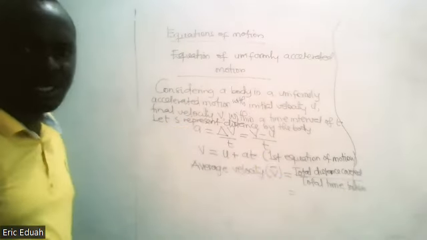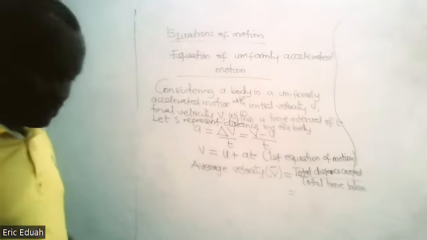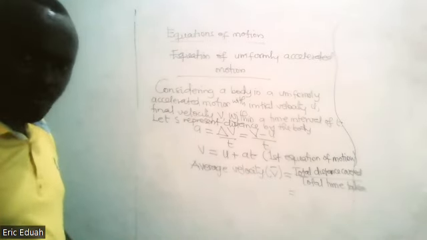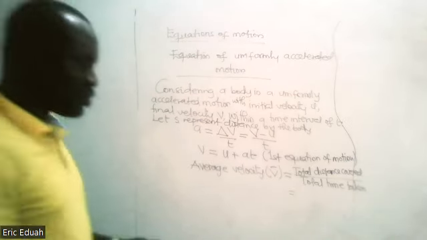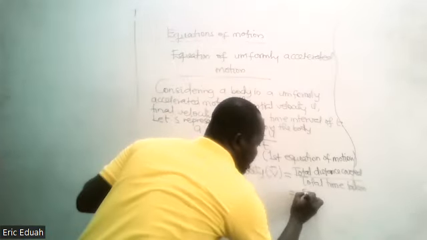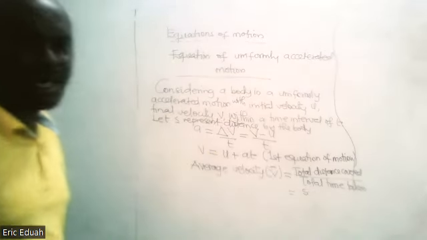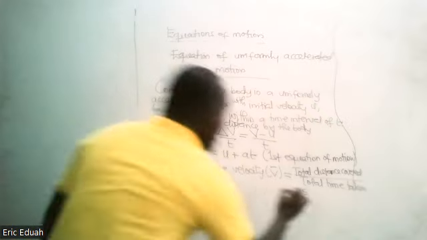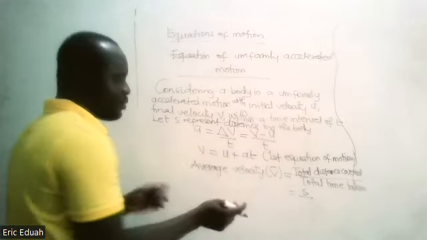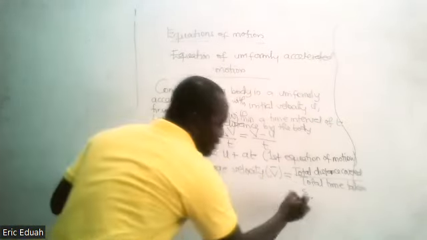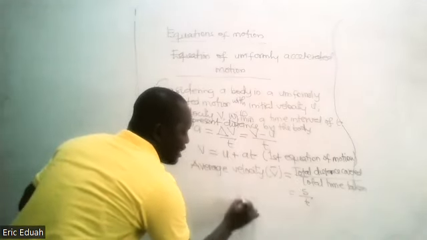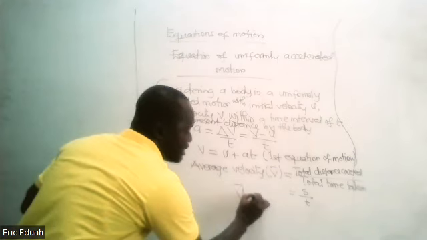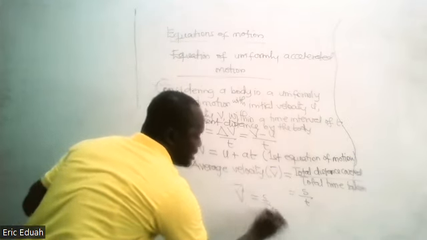What's the total distance covered here? S, small letter s. Divided by the time taken, T. So V bar, or V average, is equal to S on T.